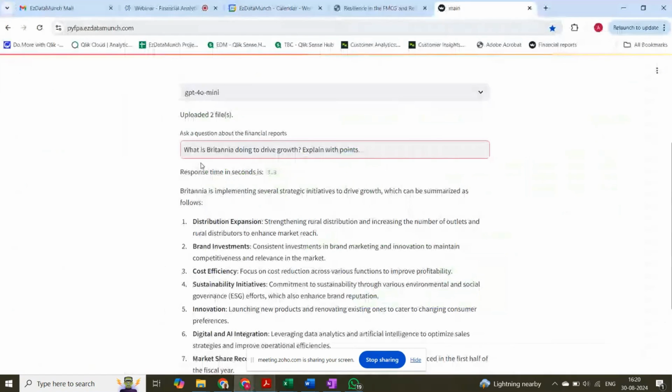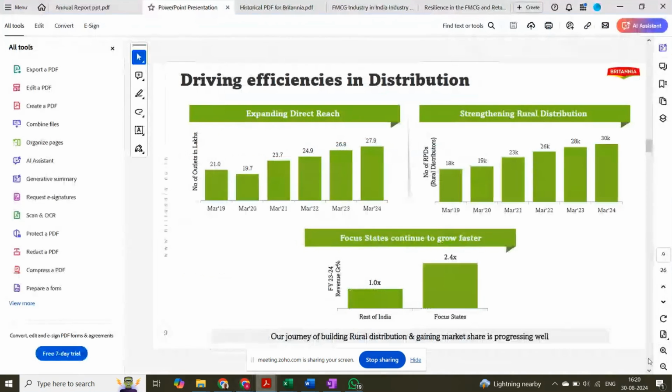We all know that. So it is strengthening its distribution. It's investing in marketing, which we saw. It's looking at reducing costs across various functions. It's looking at sustainability initiatives, which I don't think I have shared with you, but it is here. Let me see if, yeah, okay.